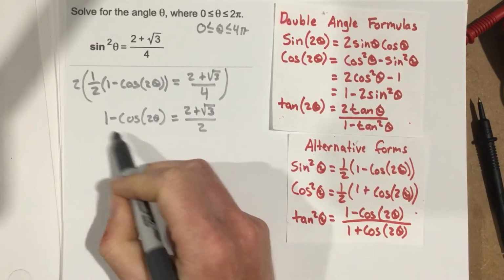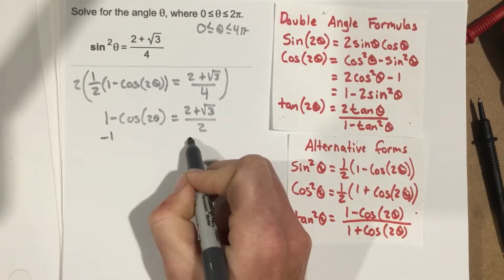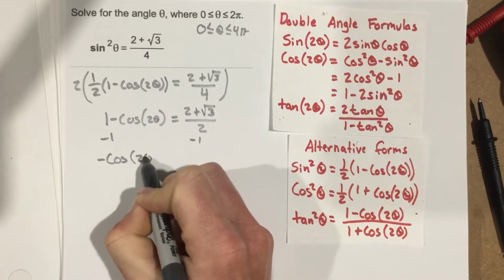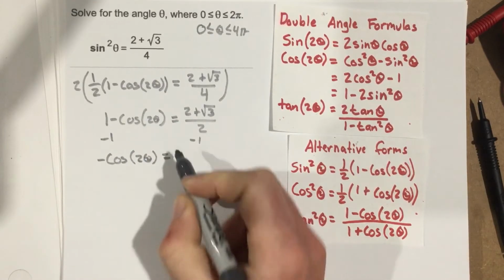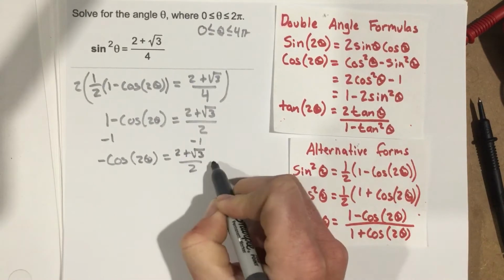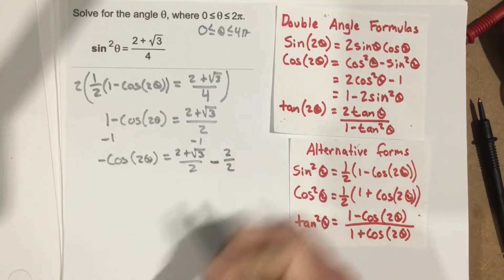Now I'm going to subtract the 1 over. So when I subtract 1 from each side, I get negative cosine 2 theta equals (2 plus root 3) over 2 minus, and I'm going to just convert this 1 to 2 over 2, a common denominator.